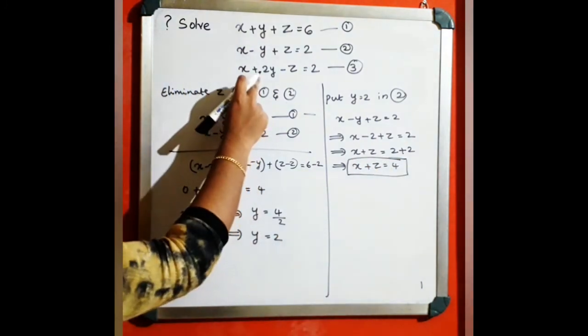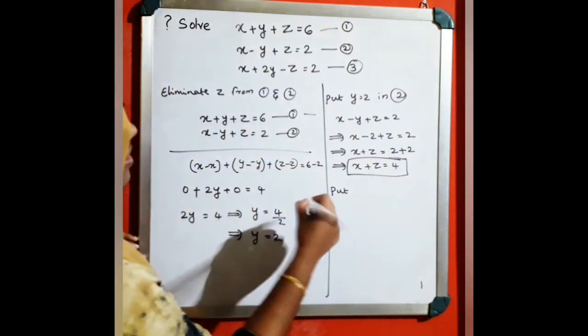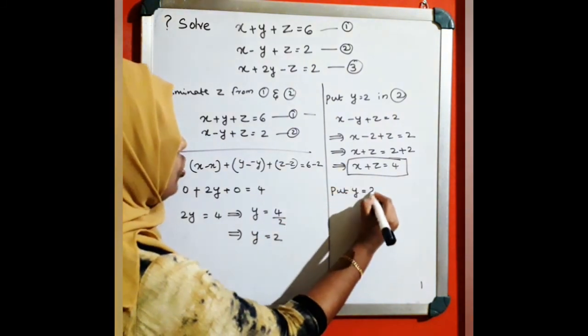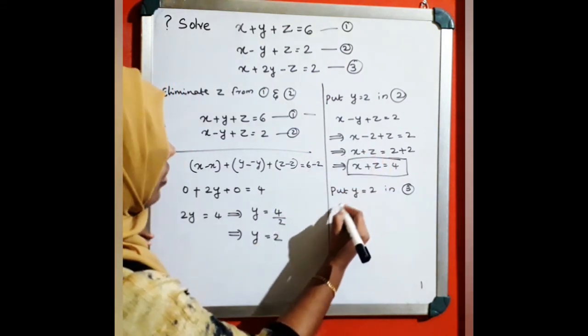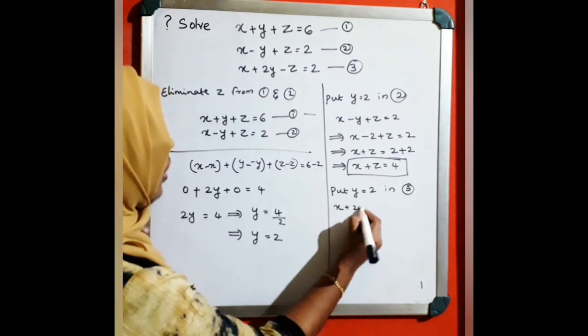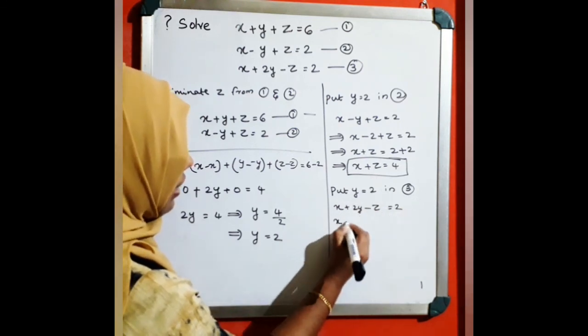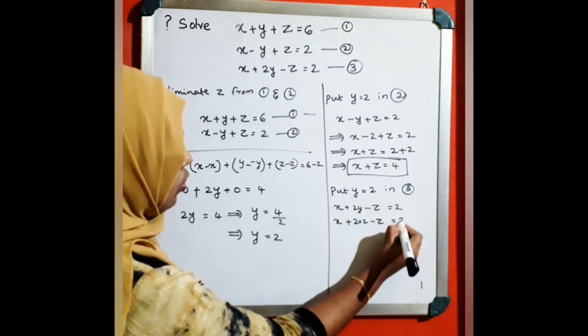And put y equal to 2 in equation number 3. This problem has slight difference from the previous one. So put y is equal to 2 in equation 3. We get x plus 2y minus z is equal to 2. That is x plus 2 into 2 minus z is equal to 2.